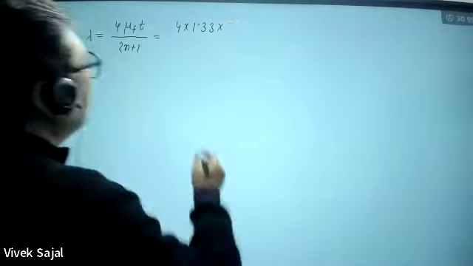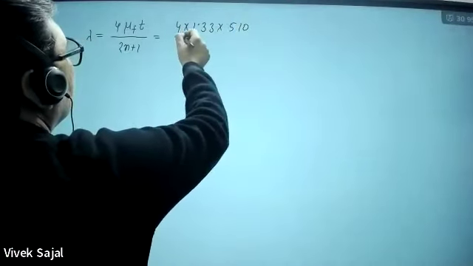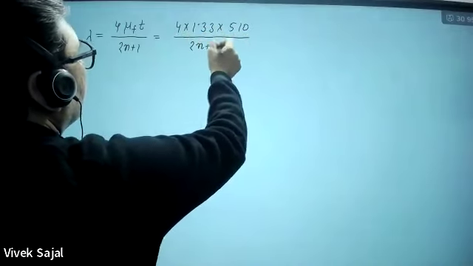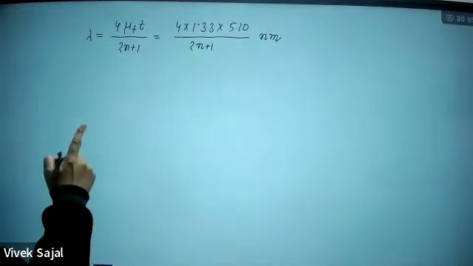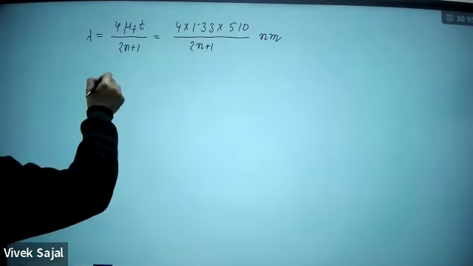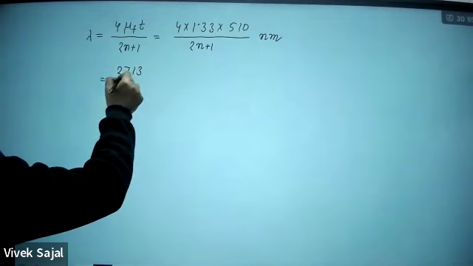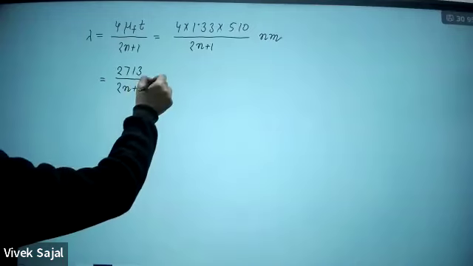So 4 times 1.33 times 510 nanometer divided by 2n plus 1. Calculate the upper number, this will be 2713 upon 2n plus 1, in nanometer.